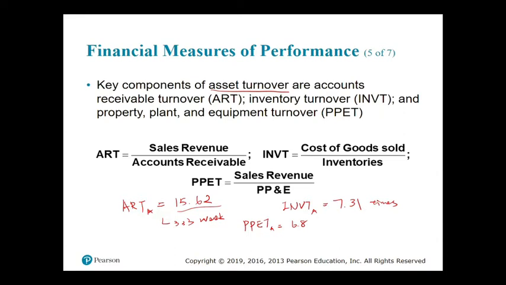So inventory turnover translating to how long inventory sits is 52 divided by 7.31, translating to about 7.11 weeks, which is the average time a product sits in the inventory.